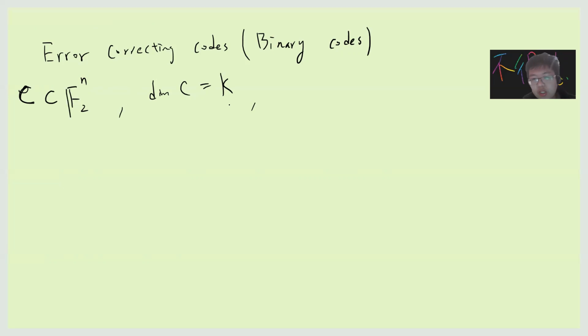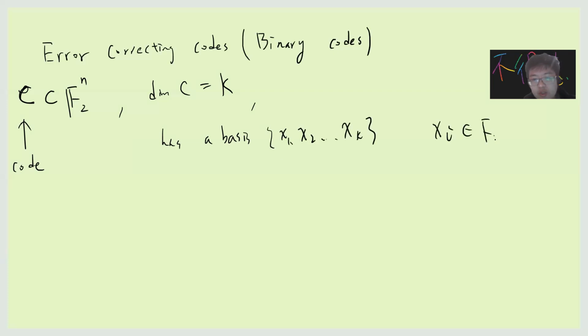In order to represent this, you can write C as a code. Basically, you can write a k-dimensional space with a basis, say x1, x2, up to xk, and each xi is in F2 to the n.